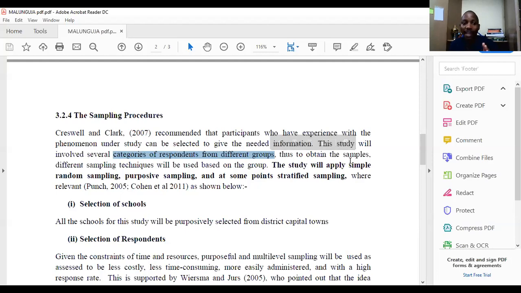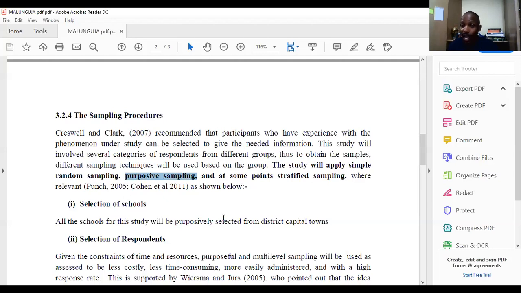Therefore, to obtain the sample, different sampling techniques will be used. The study will employ simple random sampling, purposive sampling, and, to some extent, stratified sampling where applicable.